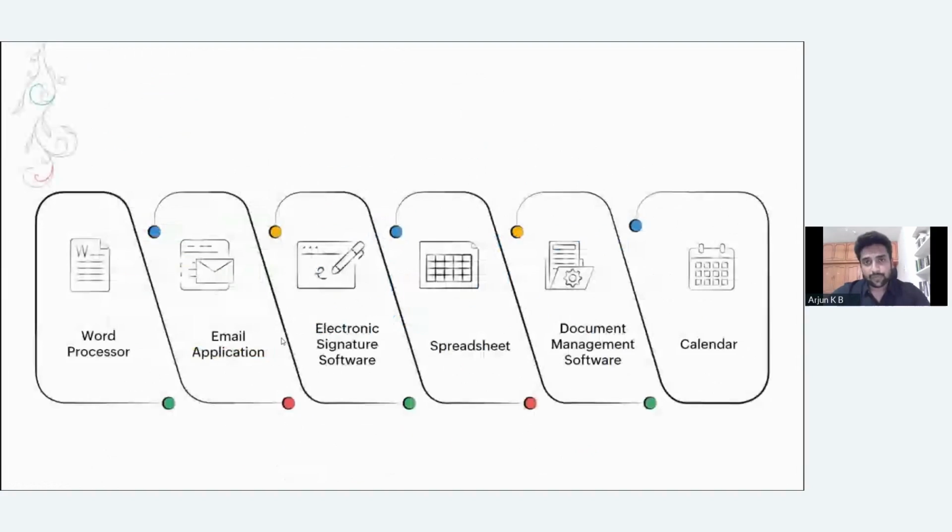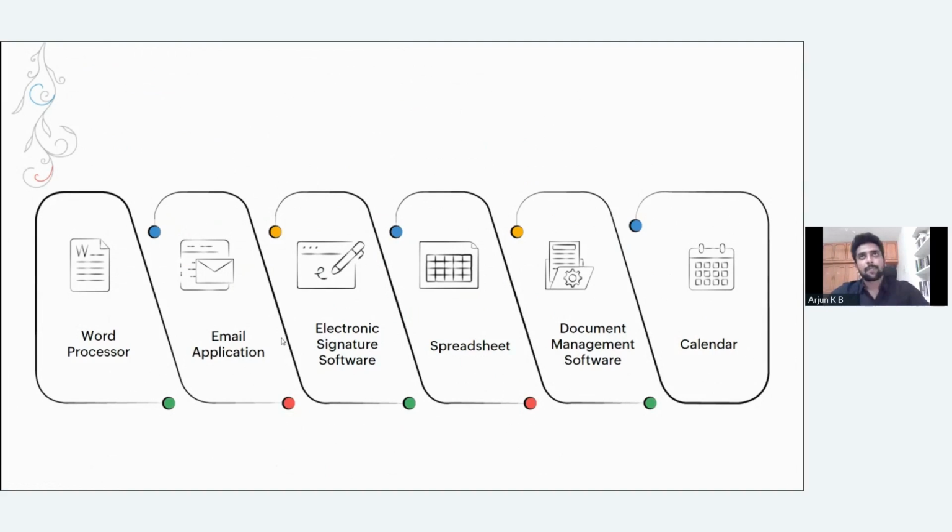But in the absence of comprehensive contract lifecycle management software, these businesses, or all businesses, use multiple applications to address this process, right? They use a word processor to basically author the contract. Then they attach this Word document as email attachments and they send it over email applications back and forth. And then they have a third-party signature software integrated into their process.